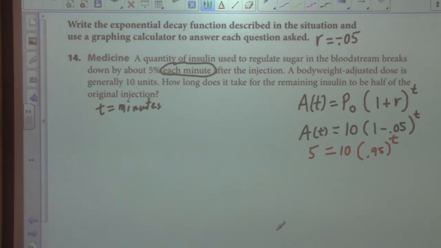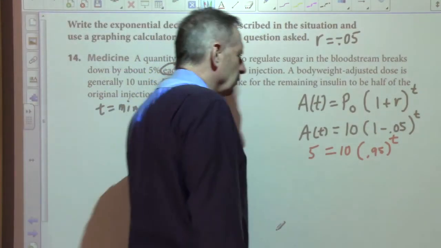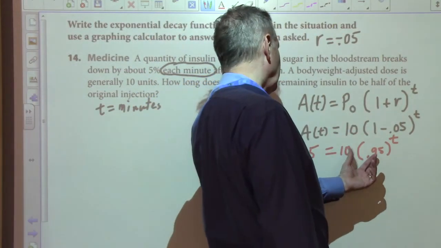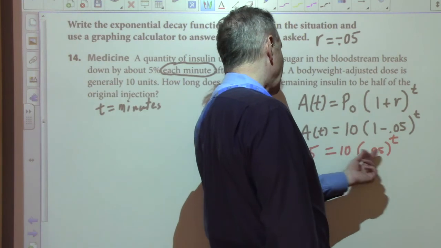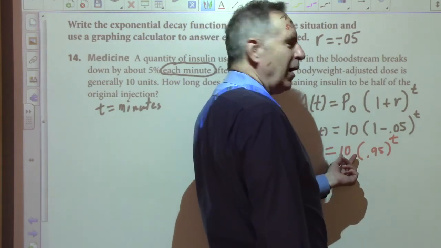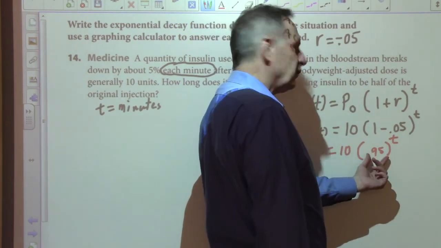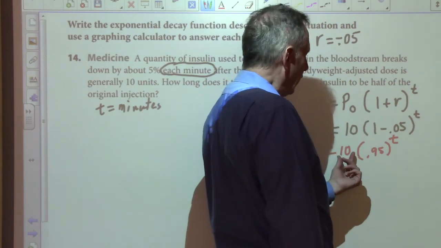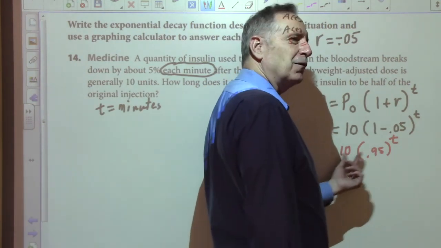Now how would you work it out from here? Multiply 10 and 0.95 again? No. I would divide by 10. Let's talk about why we can't multiply. You could do that if you had this to the same power as this, but this is the power of 1 and this is the power of t. So these are things you can't multiply together.